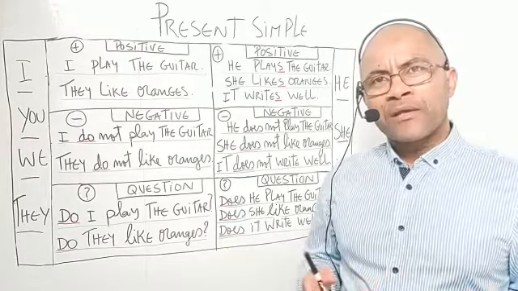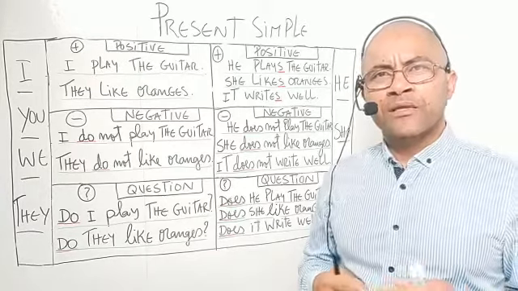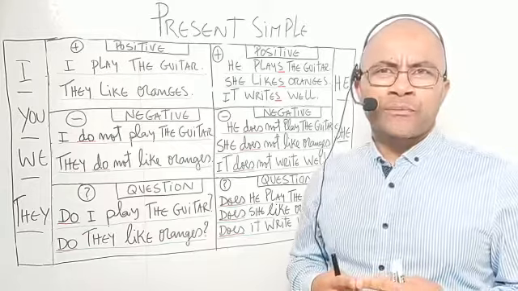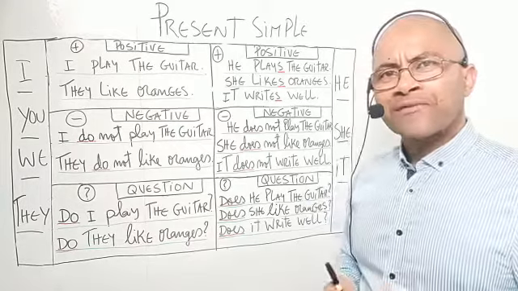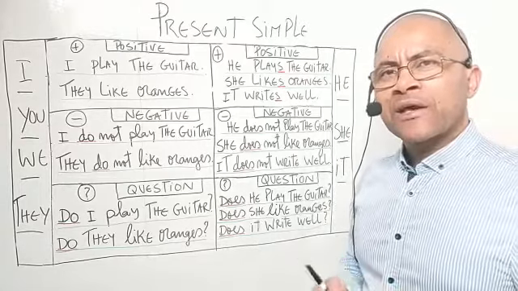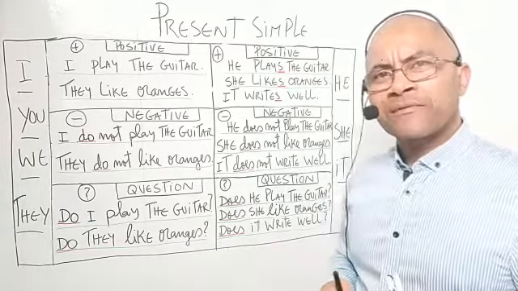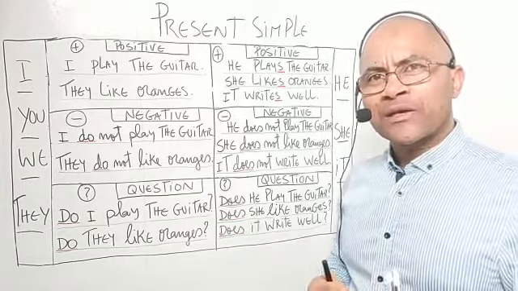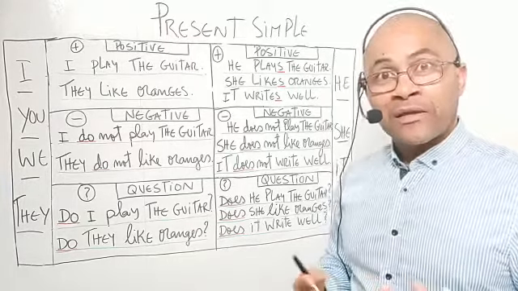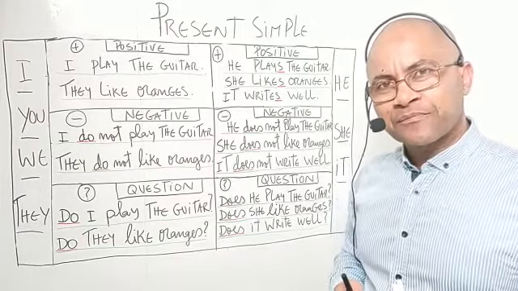There are many mistakes, many errors that English students make. We have to see and identify how to make a negative and how to make a question and even how to make the positive sentence.